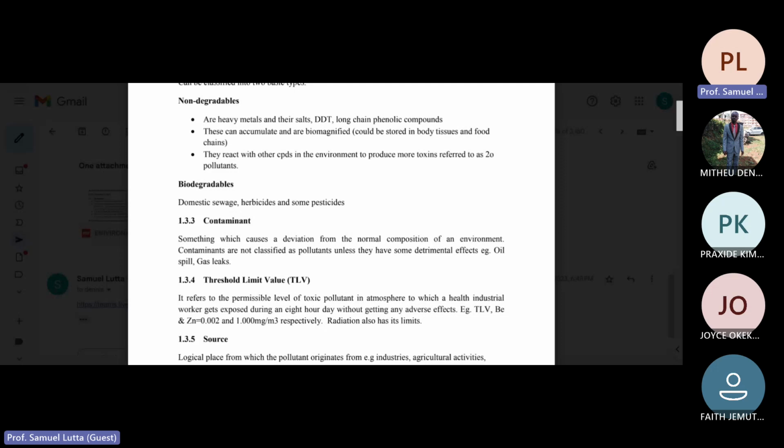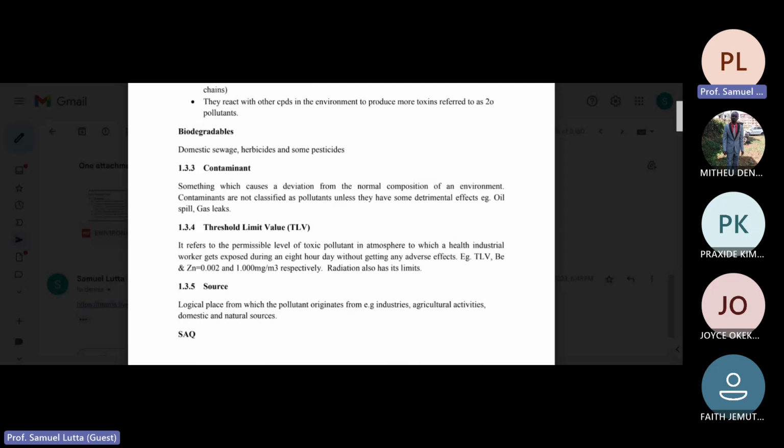And when the drainage is broken, then you're likely to have waterborne disease cases coming up. So when you look at the newspapers, we cannot look at them as pollutants. They're just contaminants. When they are not properly disposed of, this is the effect that they may cause.